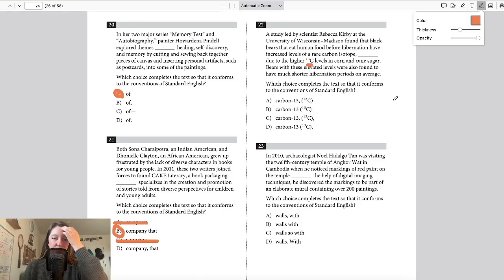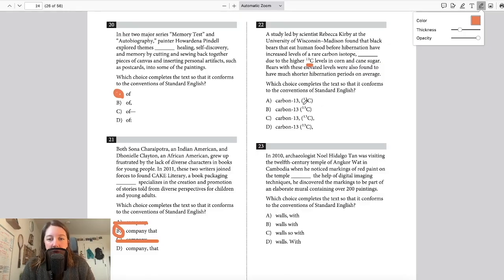So we're going to put another comma at the end of carbon-13 so that we can successfully couch that aside in kind of this hidden window, right? If you were to remove whatever's in between those commas from the sentence, it would still read totally fine. That's kind of your litmus test.